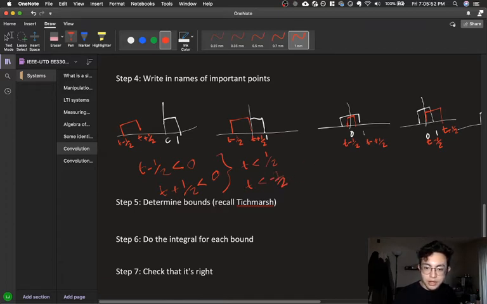And this is the same thing as writing t is less than negative 1/2, because that's the stricter condition here. So when t is less than negative 1/2, we'll have this one case in our signal.